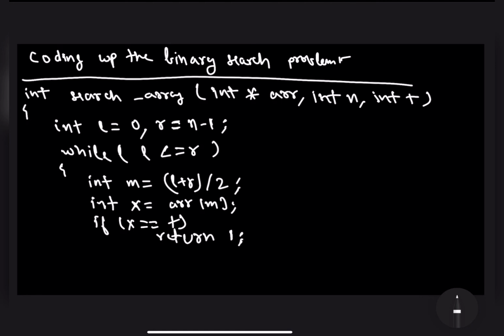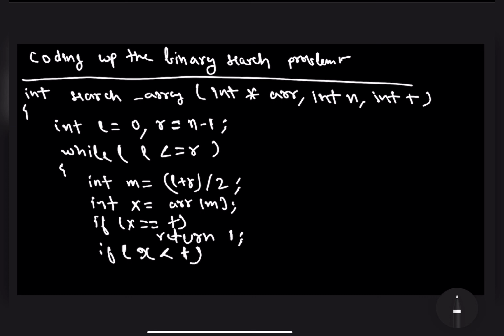Otherwise, if let's say x is less than the target value, that is, the mid element that I found is lesser than the target value, then I need to eliminate all the indices that are less than or equal to m.